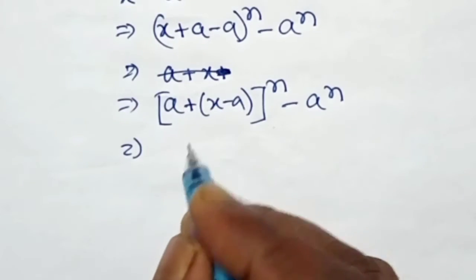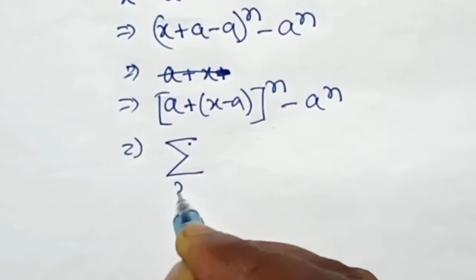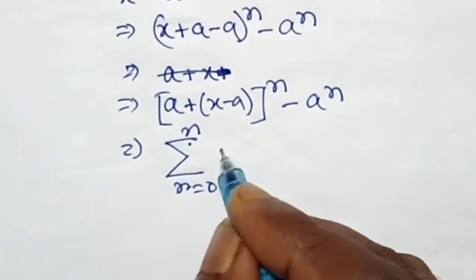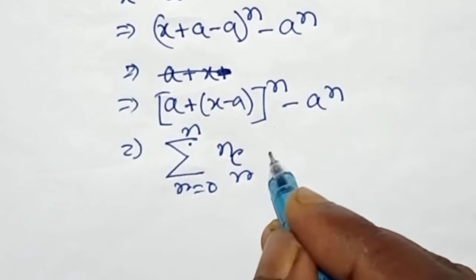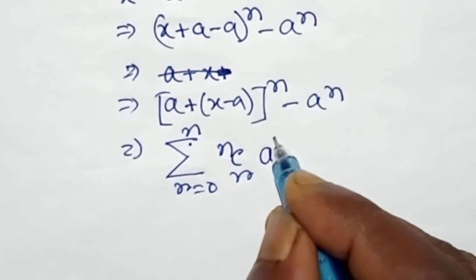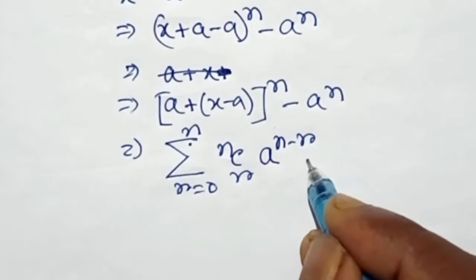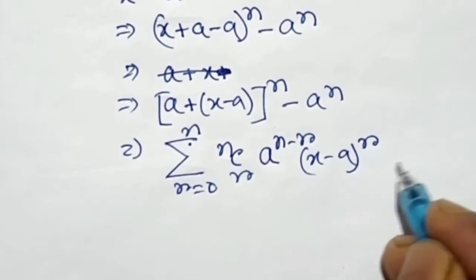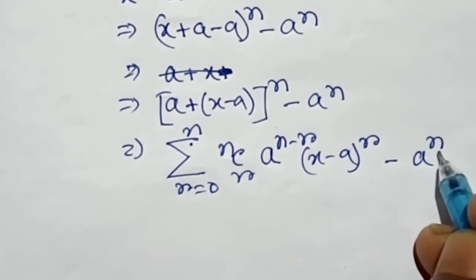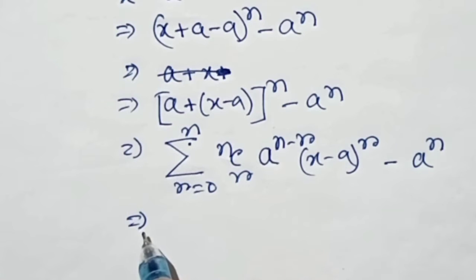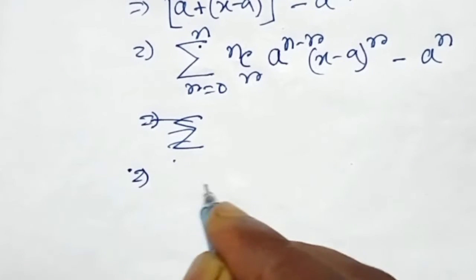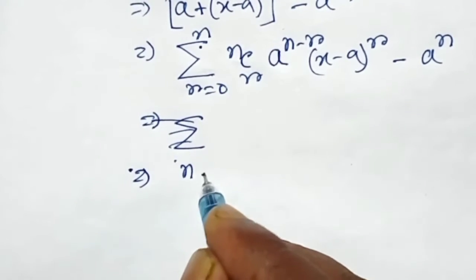Okay. Now guys, using the binomial formula of (x plus y) power n, we will get summation r equal to 0 to n nCr a power n minus r into (x minus a) power r, minus a power n. Okay. So guys, now let's put the value r equal to 0 and expand it.